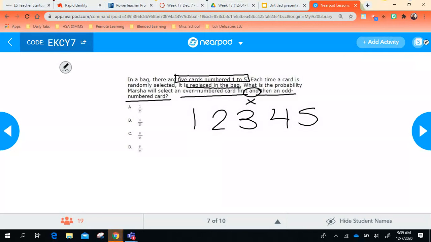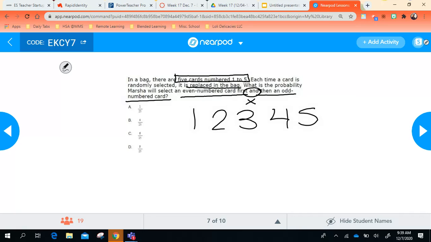And that part is important because sometimes it might say there are 5 cards in the bag labeled 11 through 15. And so those numbers are different from 1 through 5. Each time a card is selected, it's replaced. What's the probability she'll pick an even number first and then an odd number?